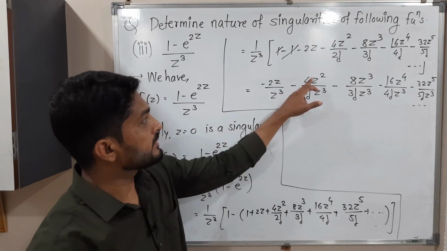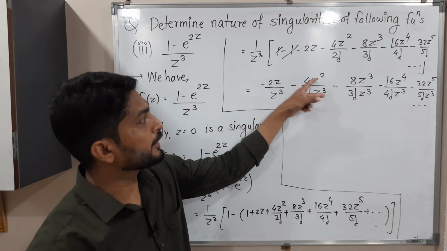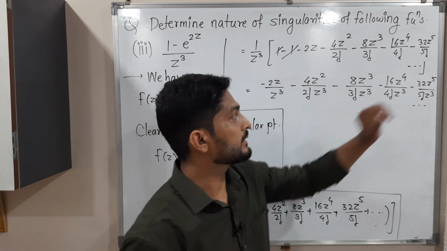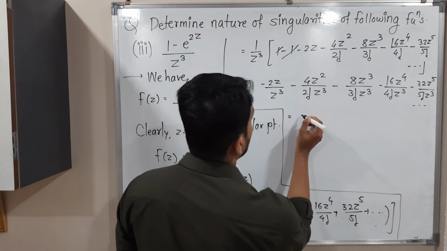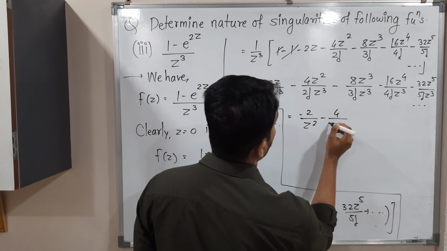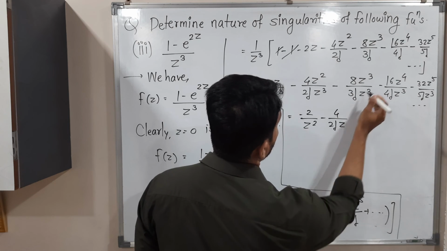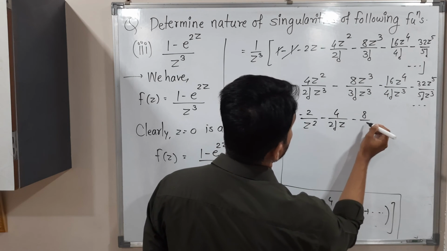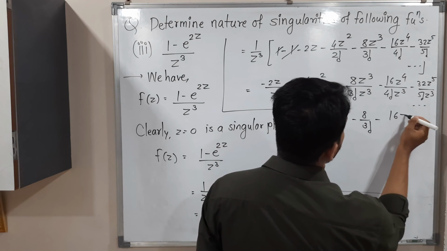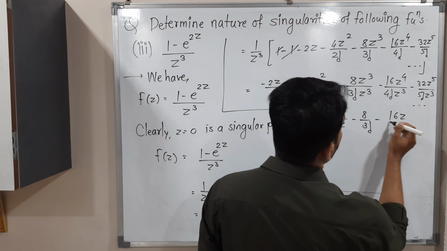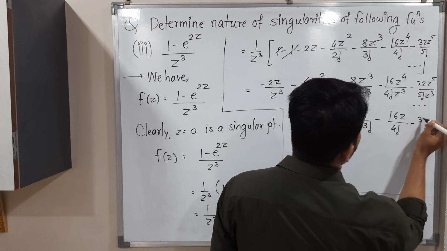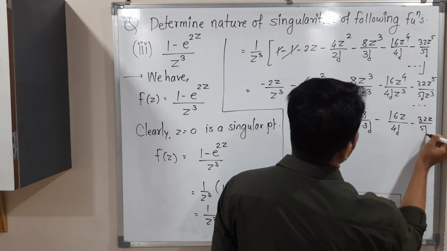Z we can cancel, z square we can cancel from numerator and denominator, z cube will get cancelled. Okay, let us write: minus 2 upon z square, minus 4 upon 2 factorial z, minus 8 upon 3 factorial, minus 16z upon 4 factorial, minus 32z square upon 5 factorial, and so on.